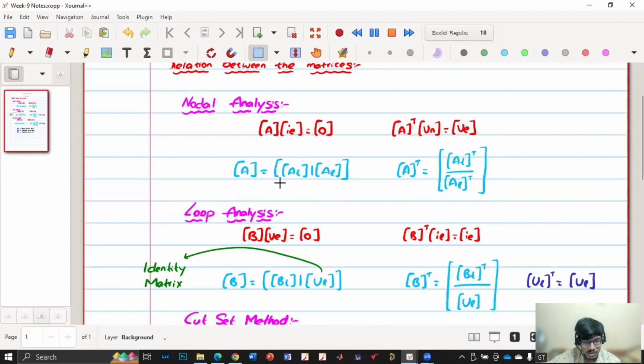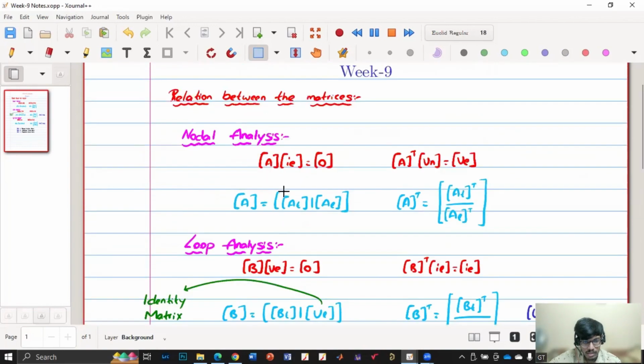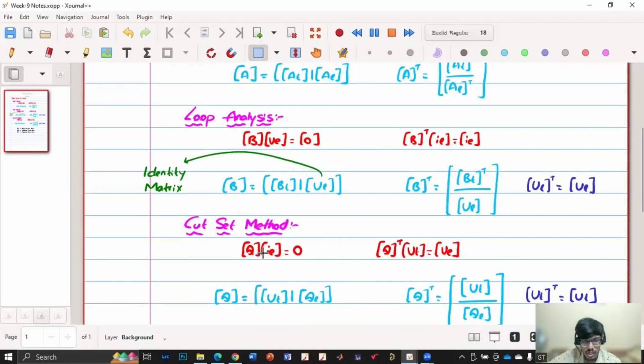Okay. Now these matrices are related. We have to find the relation between these matrices, but also there is some orthogonality between these matrices. So A and B are orthogonal, and B and Q are orthogonal.